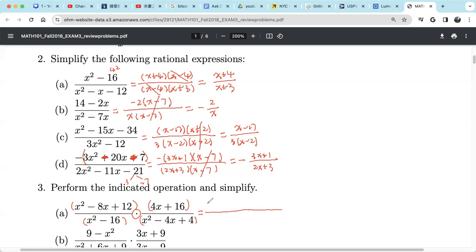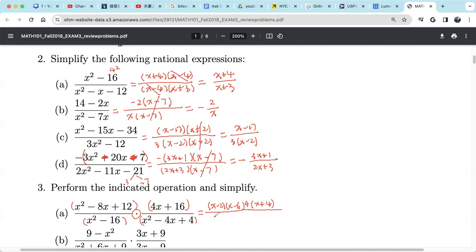Well, let's factor x squared minus 8x plus 12. That's x minus 2 and x minus 6, because negative 2 times negative 6 is positive 12, and negative 2 plus negative 6 is negative 8, the middle term. For 4x plus 16, I want to factor out 4, then I have x plus 4 left inside.